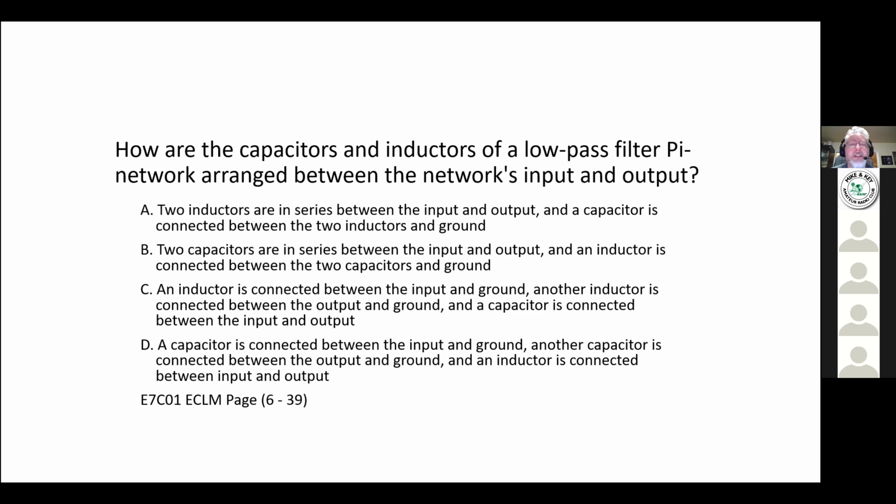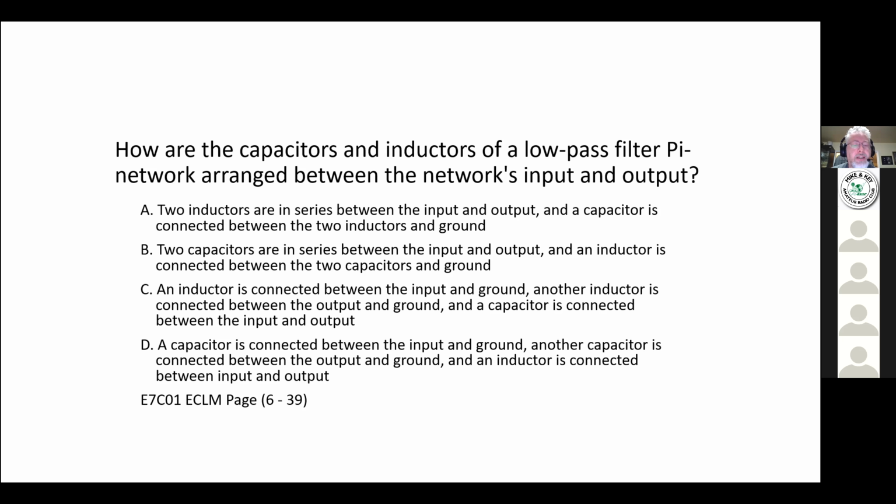How are the capacitors and inductors of a low-pass filter pi network arranged between the network's input and output? A, two inductors are in series between the input and output, and a capacitor is connected between the two inductors and ground. B, two capacitors are in series between the input and output, and the inductor is connected between the two capacitors and ground.